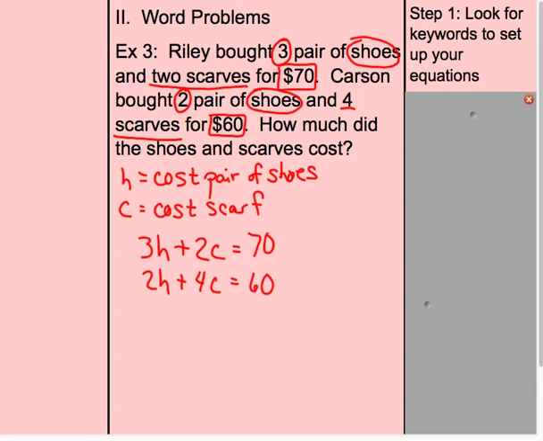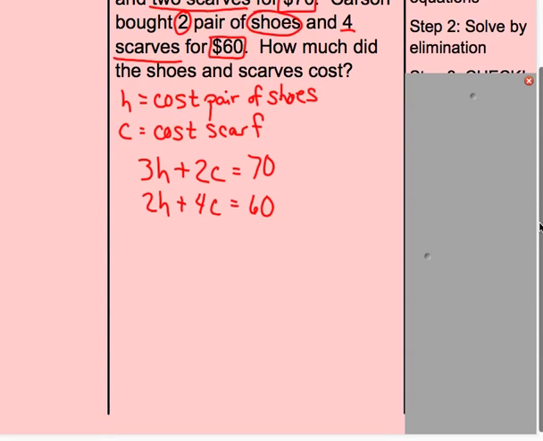So once you have your equations, you're going to solve by elimination. So when we look at these 2 equations, I notice that my scarves are 2 and 4, the coefficients. So if I do 2 times 2, that will multiply to the 4, but I do need it to be negative. So I'm going to multiply my first equation by -2, rewriting these as I distribute.